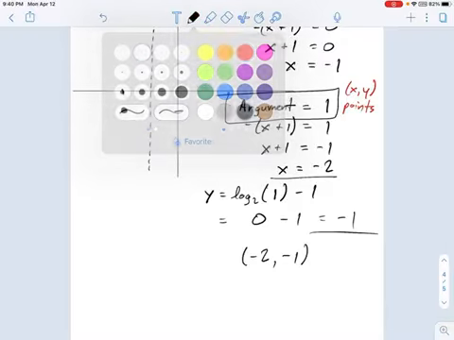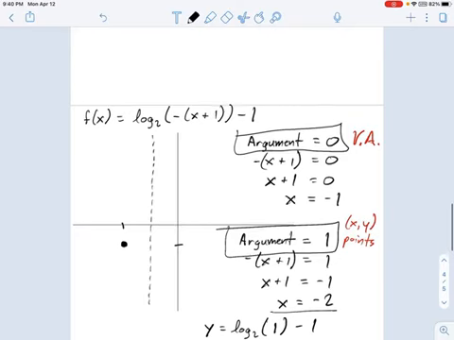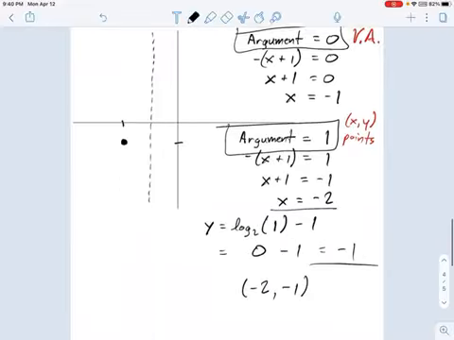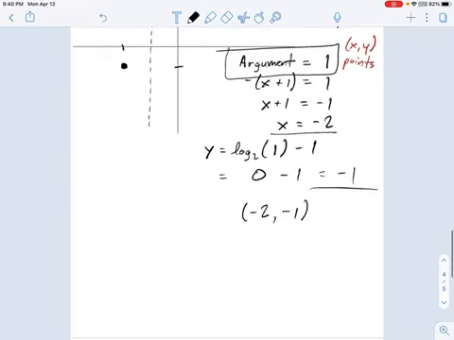In other words, whatever the base value is of this logarithm, in this case it's 2, but it could have been 5, it could have been 20. Whatever that base is, we're going to say the argument equals the base. So over here I'm going to say argument equals base, in this case 2.